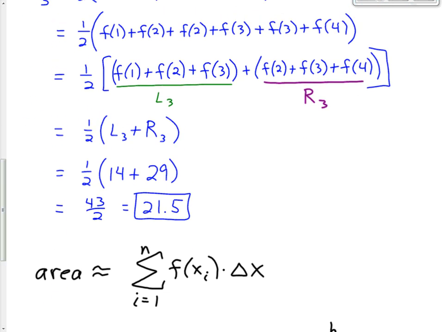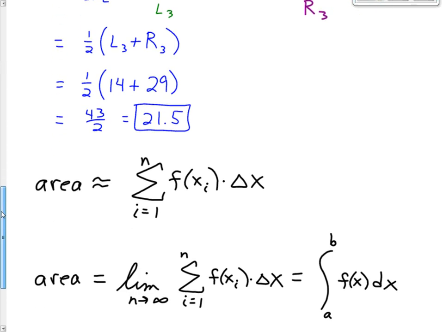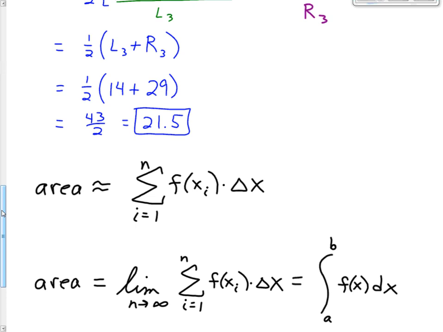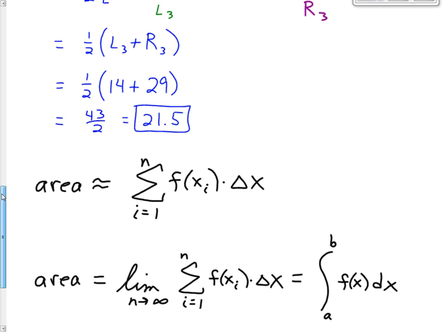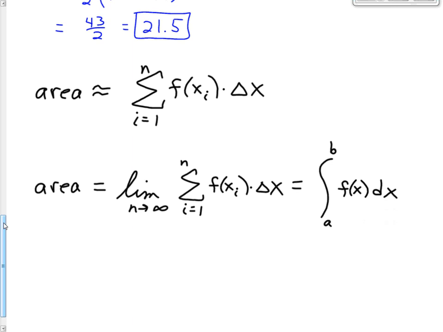Okay, so now where are we going with this? So we're approximating area, and it's going to be the summation of f of x sub i times delta x. Delta x is the width of our subintervals. The area is going to be approximately that, unless if I keep increasing the number of subintervals, I'm getting better and better approximations, and then if I take the limit as those subintervals go to infinity, then I'm getting the actual area.